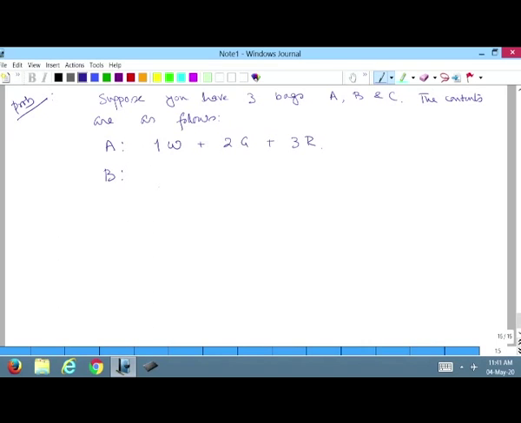Bag B has 2 white balls, 1 green ball and 1 red ball. Bag C has 4 white balls plus 5 green balls plus 3 red balls.